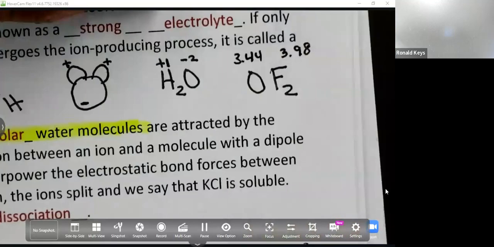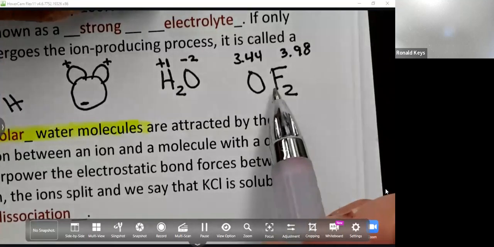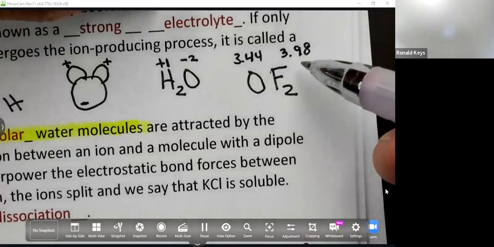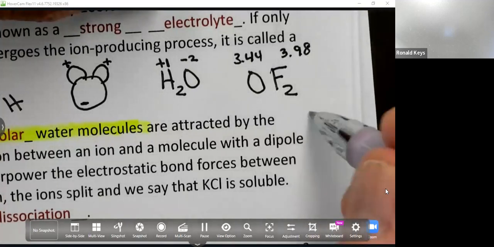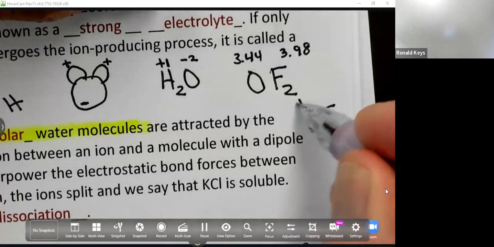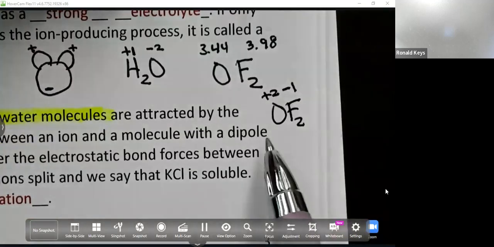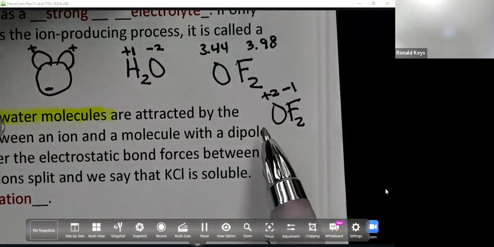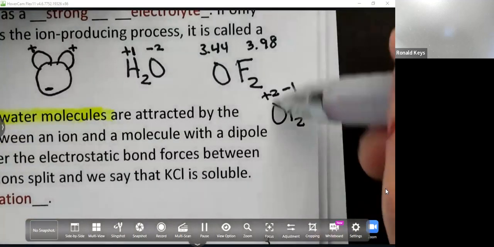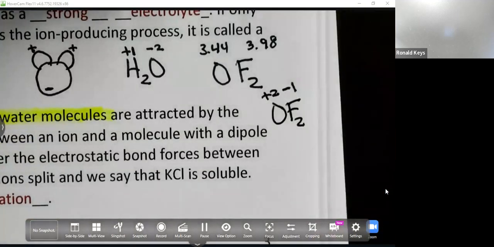Which one wins the battle for the shared electrons? Fluorine. So then we end up with this +2 and -1. OF2, huh? The only time oxygen can be positive is if we bond it to fluorine. That is the only time.